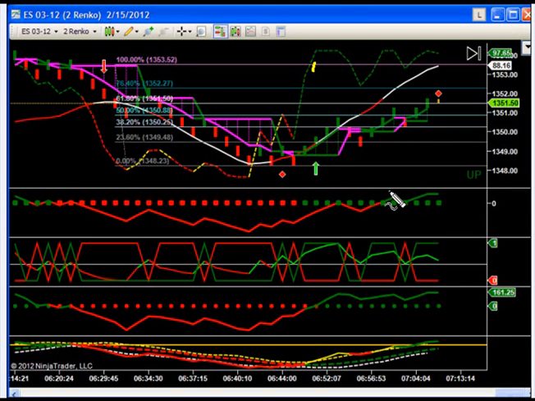Now, before I had developed the RWO, I would not have got in the trade here because the DMI differential was still red and was still well below its zero line here. But the RWO was moving above its zero line right in here.